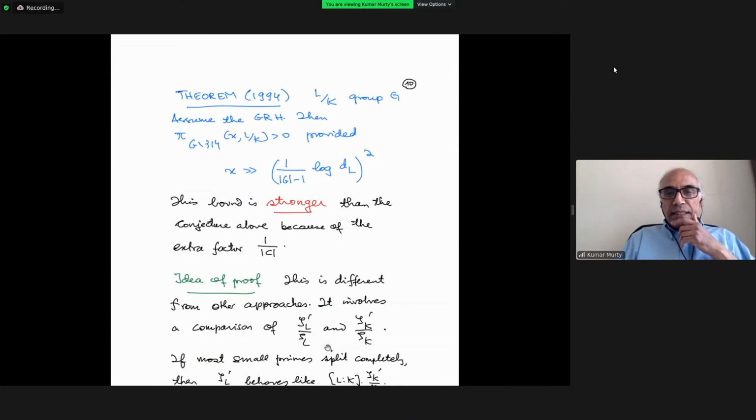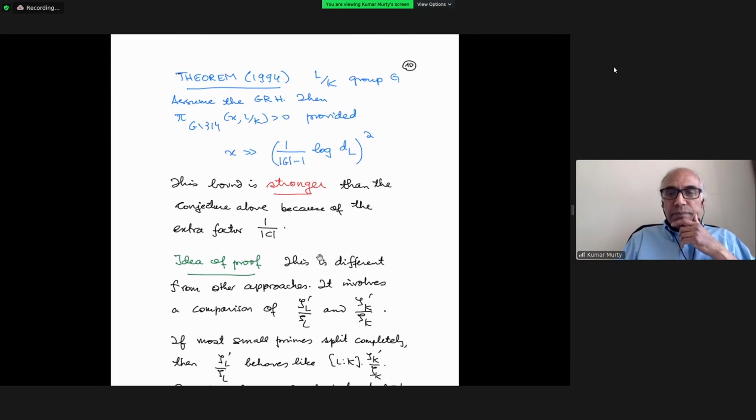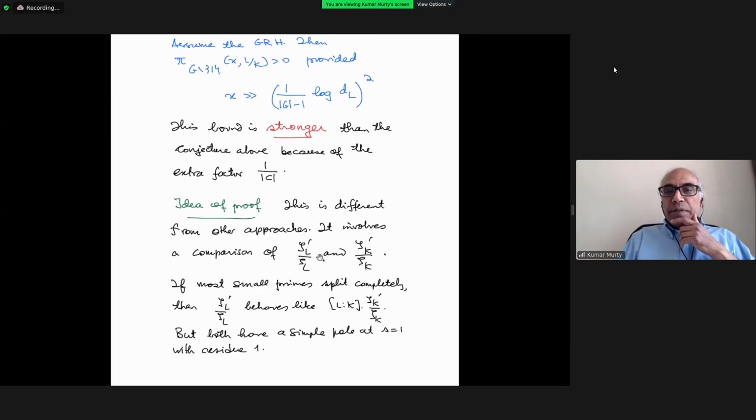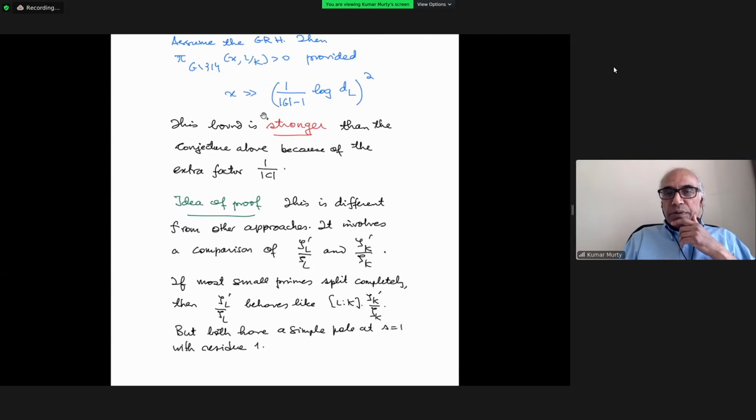But in the case of not splitting completely, you get the size of the conjugacy class squared. And the idea of the proof of this, which is different from most of the proofs which go about trying to estimate the least prime in a conjugacy class, is that it compares logarithmic derivatives of two L-functions, zeta functions. One is the Dedekind zeta function of the top field, and one is the Dedekind zeta function of the bottom field.